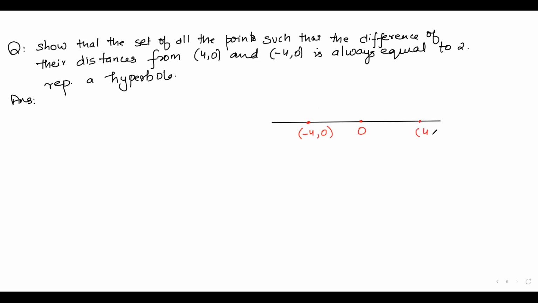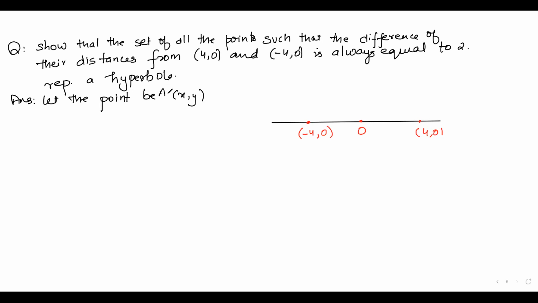And we have another point (4, 0). Let the point be (x, y) such that the difference of the distances from (4, 0) and (-4, 0) is always equal to 2.